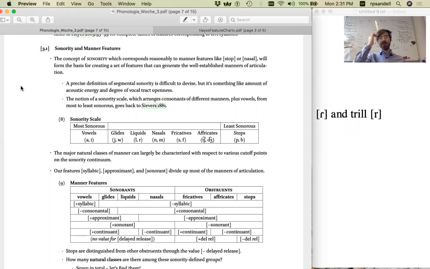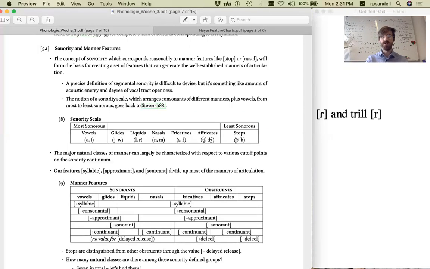And among phonologists, there exists the notion of a sonority scale, which arranges consonants of different manners plus vowels from most sonorous to least sonorous. And this arrangement that I give in example 8 is more or less agreed upon.